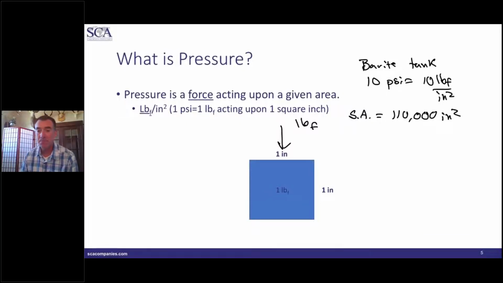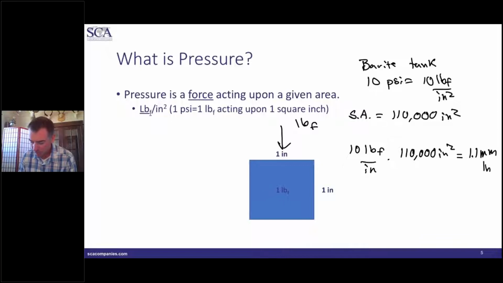So if we take 10 pounds force per inch squared and multiply that over 110,000 inches squared, we end up with 1.1 million pounds force. So it actually ends up being an astronomical amount of force contained in this Bayrite tank, even if it's only 10 PSI, because the surface area is so large.